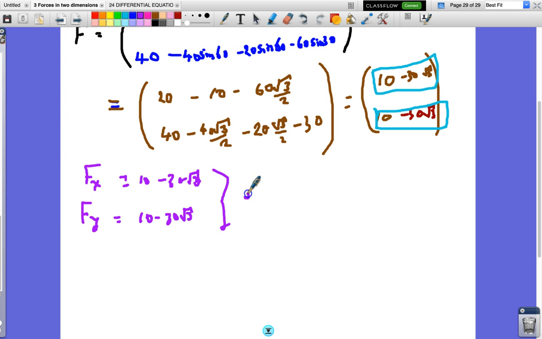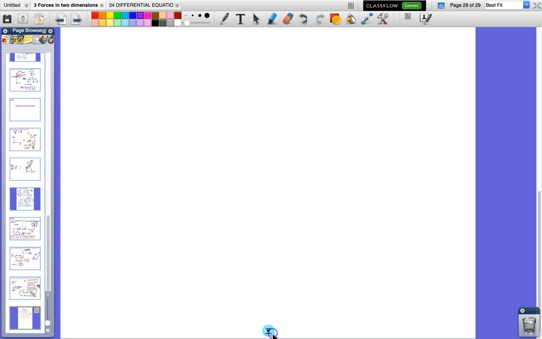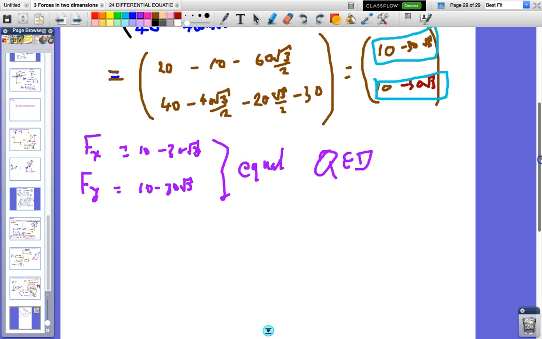Then I'll say they are equal. And so we are asked to determine the direction of the resultant force.